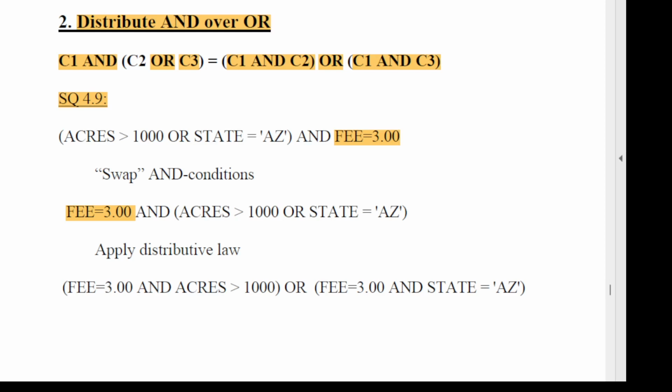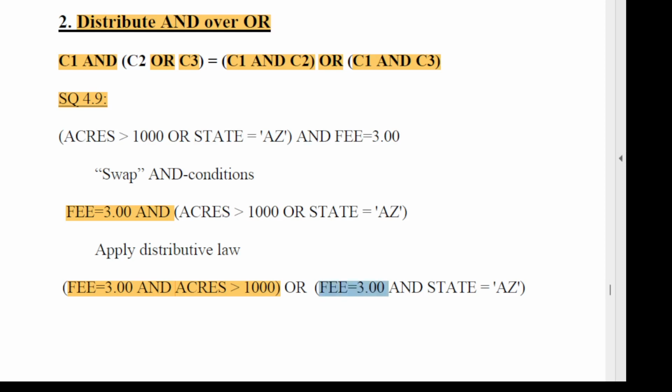Then I have a condition here, if you will, this condition fits the general form expressed on the top. Let's take a look at it. Fee is equal to 3 and something. Fee is equal to 3 and the first condition, acres greater than 1,000.